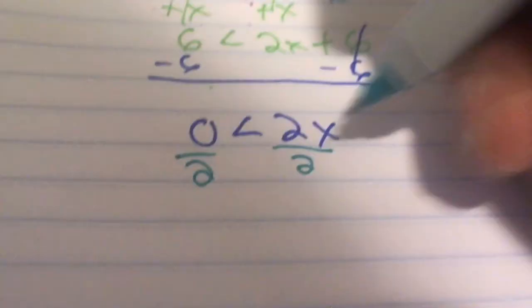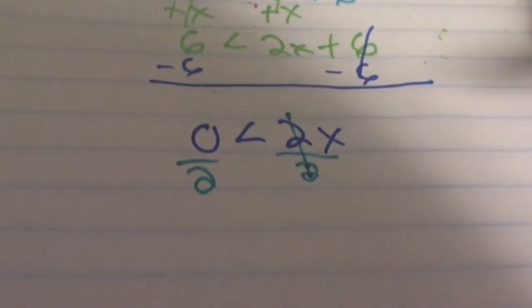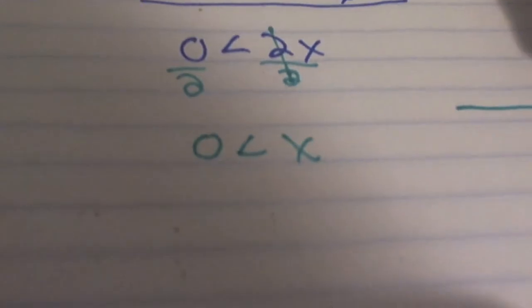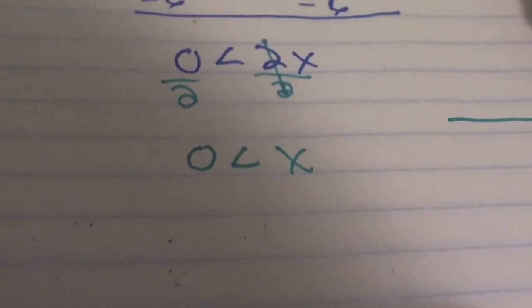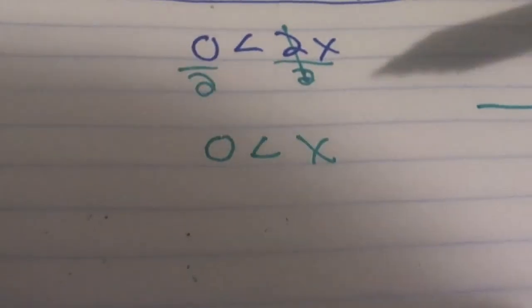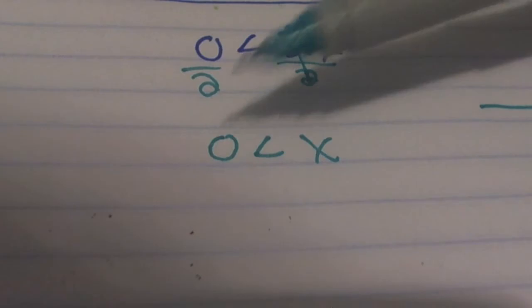Now to get rid of the 2, we have to divide both sides by 2. But now we are dividing by a positive number, so we do not flip the sign. So we have 0 is less than x. So we graph the line, 0, open circle, and we go to the right. 0 is less than x, or remember, x is greater than 0.